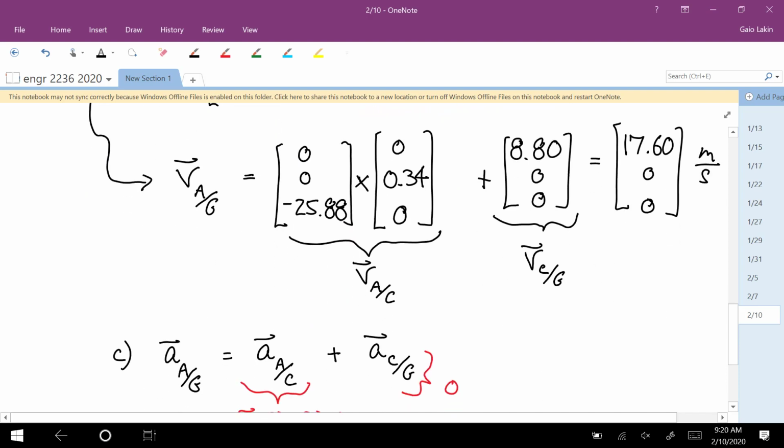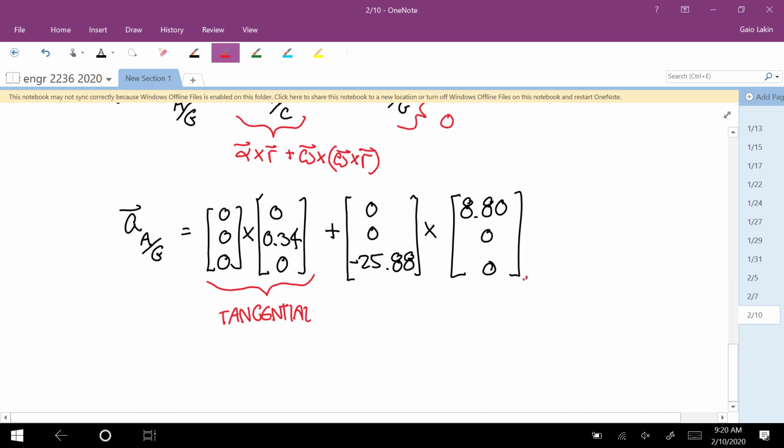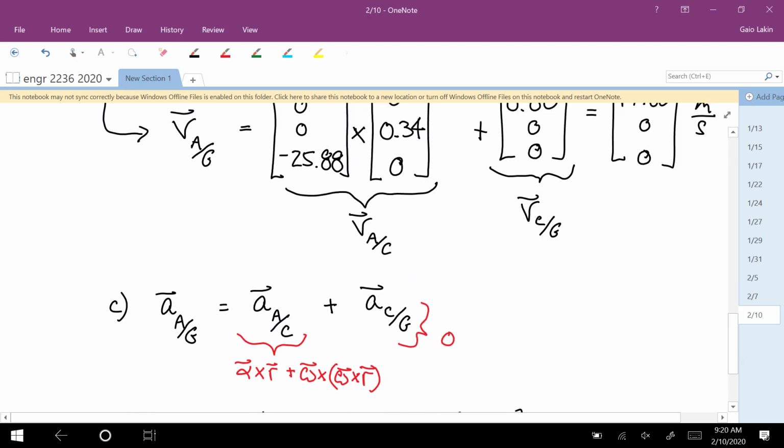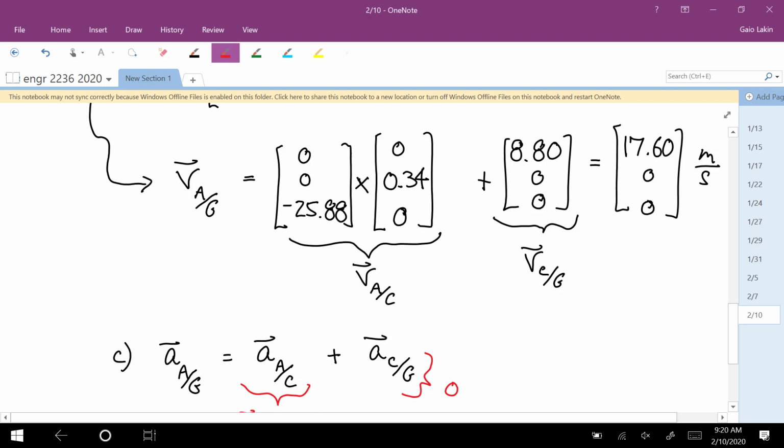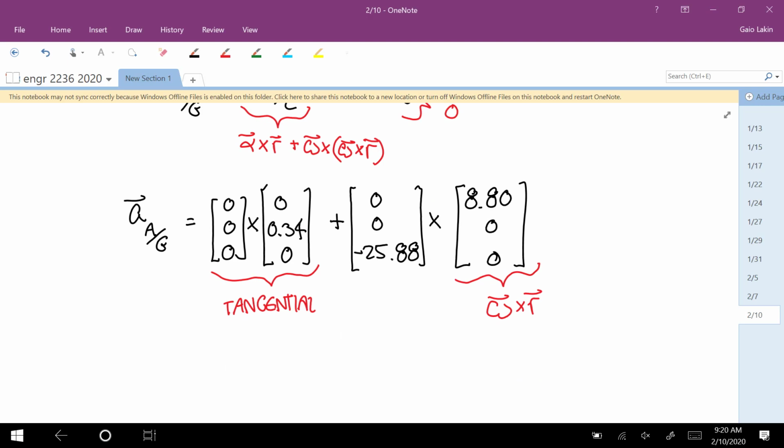Okay, no, because this is just, sorry. This one is just omega cross r. And so that is just that first term there. And all this together is the centripetal acceleration.